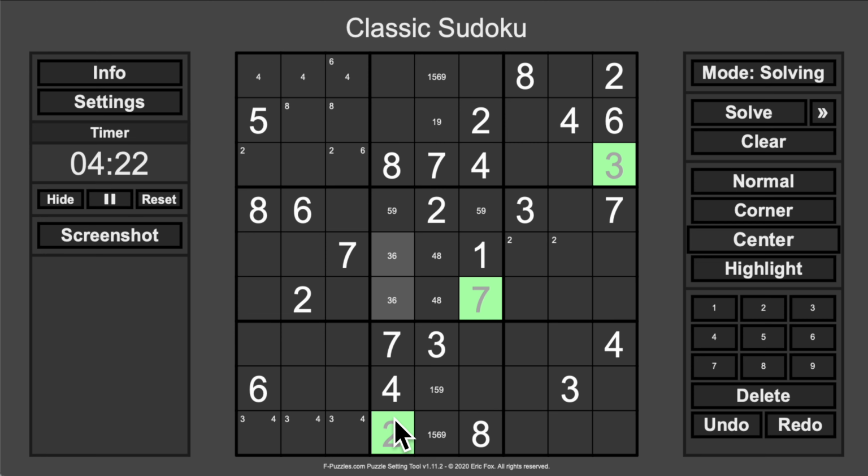Okay, that gives me 2, 3, 4, 6, 7, 8. So these are 1, 5, 9. That can't be 5. That gives me a 1, 9 pair in the row, and also in that box, which means this can't be 1 or 9.